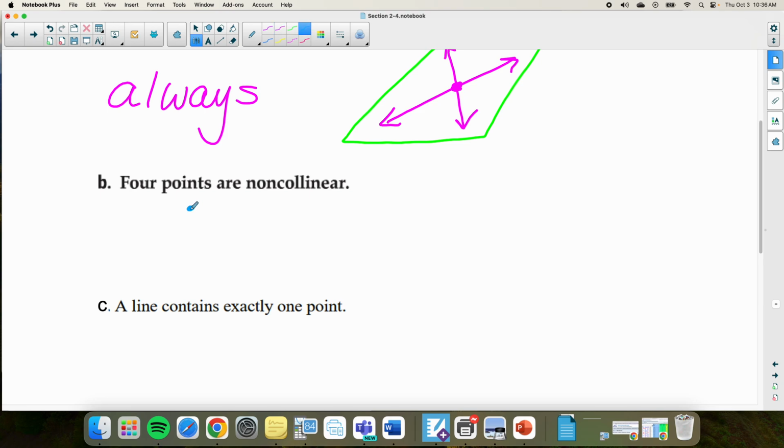Couldn't they look something like this and be non-collinear, right? So they could be, but could you also have this? Couldn't you have 4 that were collinear? So what do you think you'd write? Sometimes is correct.